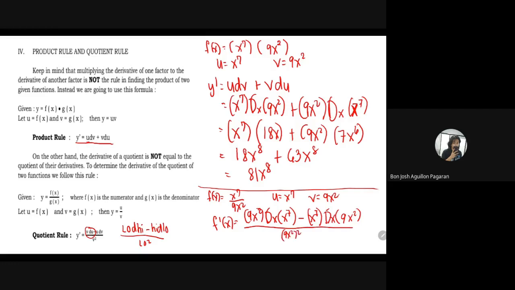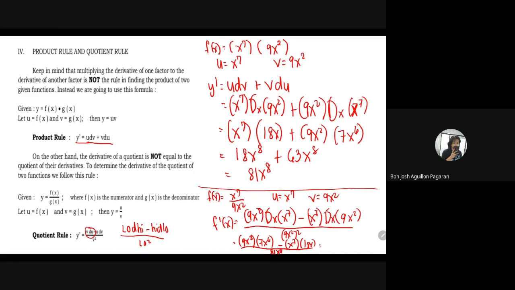Pwede, diretso ko na. So 9x squared multiplied by 7x to the 6th power minus x to the 7th power multiplied by 18x all over, 9 times 9 ay 81x to the 4th power.